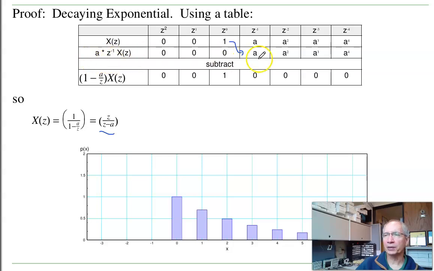That's a delayed by 1. Now subtract. When I subtract, I get 0, 0, 0, except for here. That's a delta function. So this is equal to 1. Solving for x. Replace it for common denominator. So that's z minus a over z times x equals 1. Solve for x. X equals z over z minus a. That's the z transform of a decaying exponential.